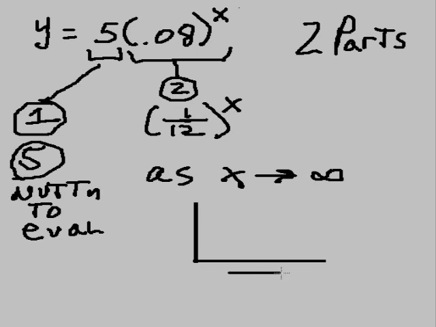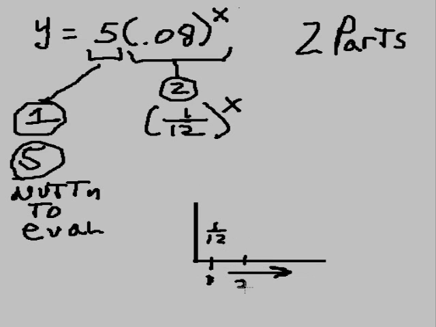So as x goes to the right towards infinity, what happens to our 1/12 raised to the x power? When x is equal to 1, y is 1/12 to the 1 power, which is itself, 1/12. When x is equal to 2, 1 squared is 1, 12 squared is 144. Oh my goodness, it just got really small.